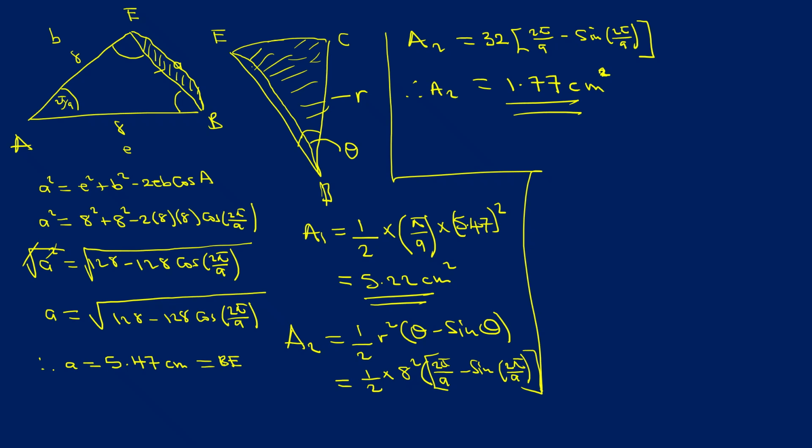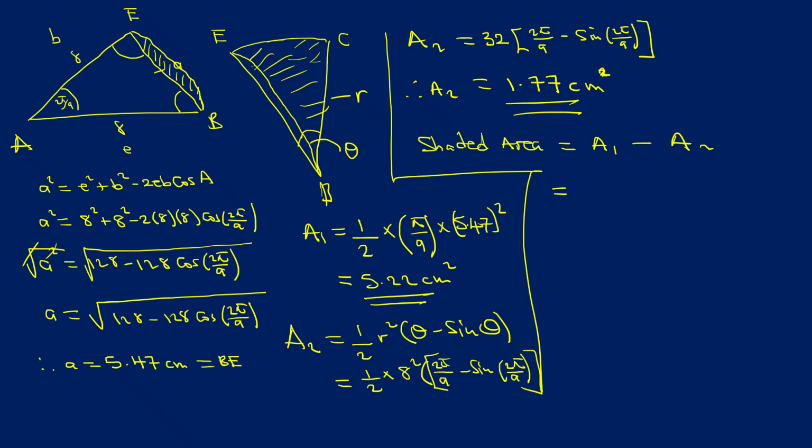And pretty much we have done everything that we need to do. This is just going to give us the shaded area, which is equal to, remember, A1 minus A2. A1 is here. A1 is 5.22. A2 is 1.77. Interesting figures, right?